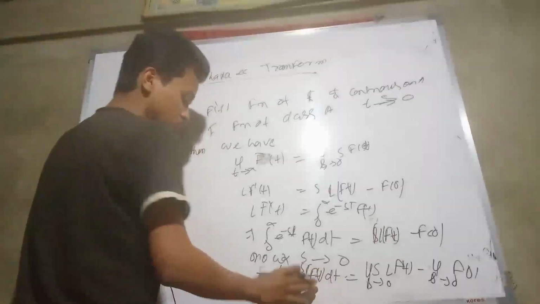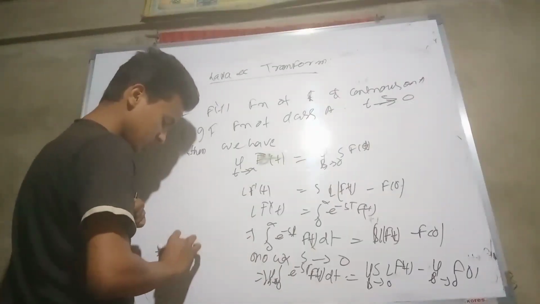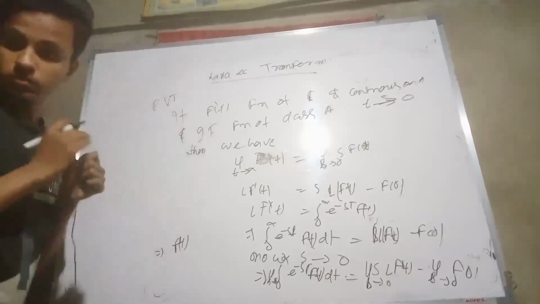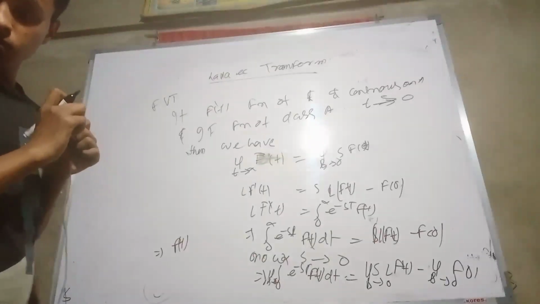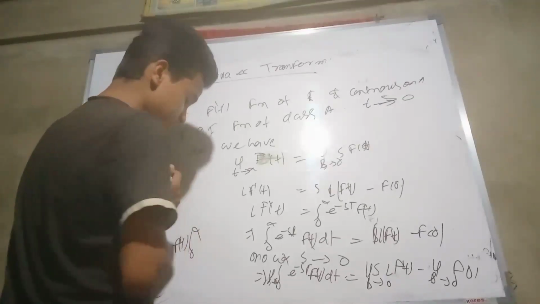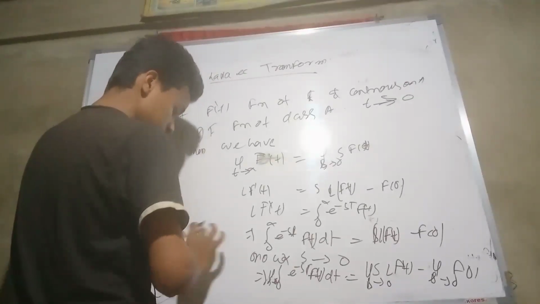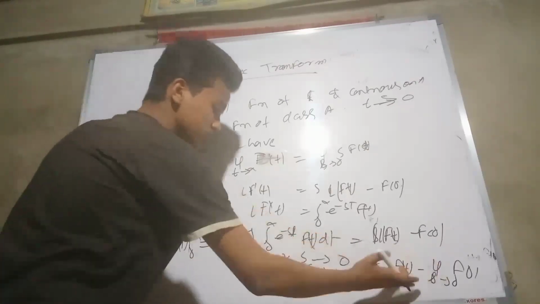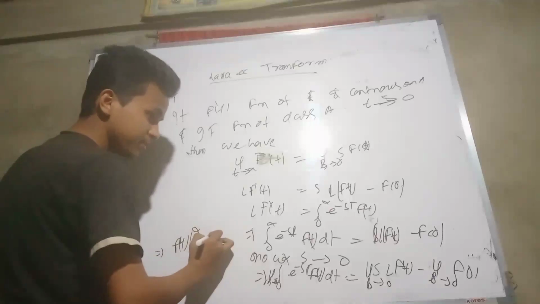When we find the value of this, that gives us f(t) from 0 to infinity, and after the equals sign I now have no space here, so I am writing here.